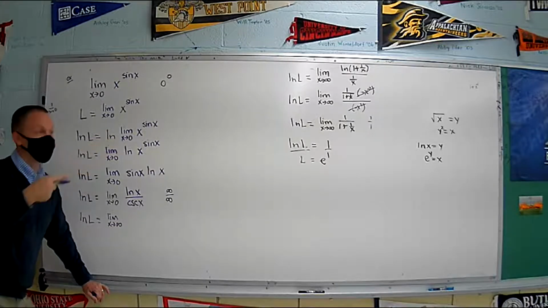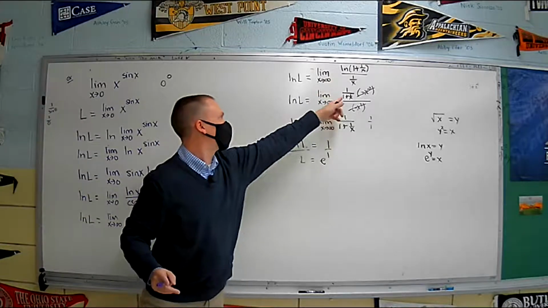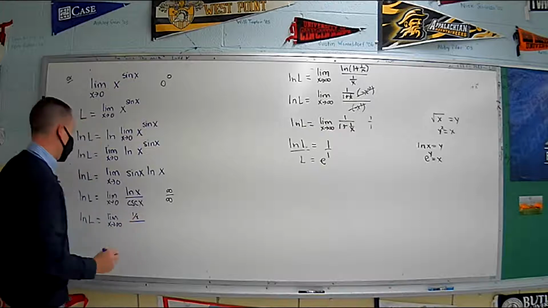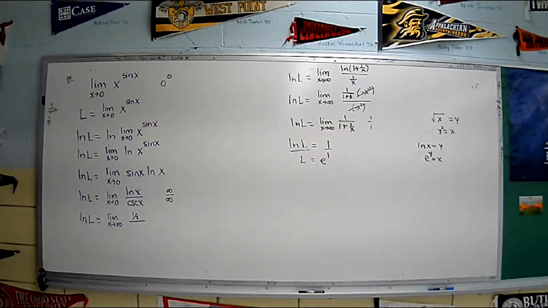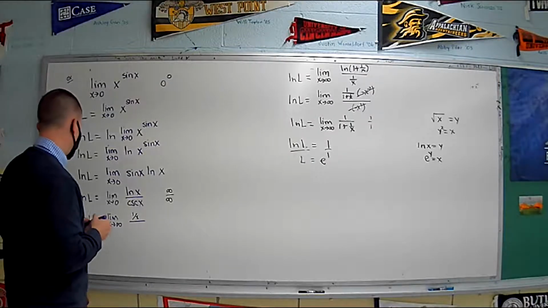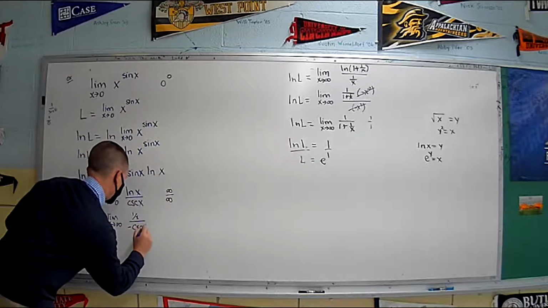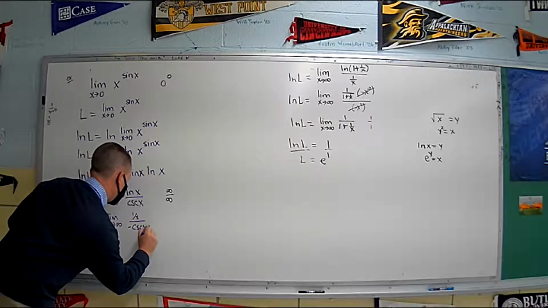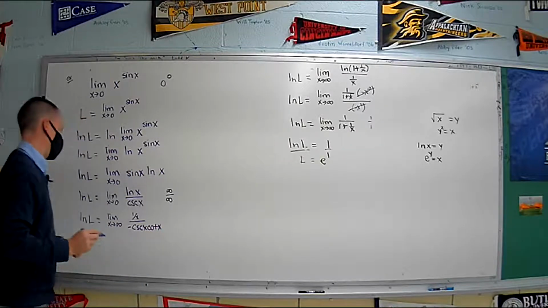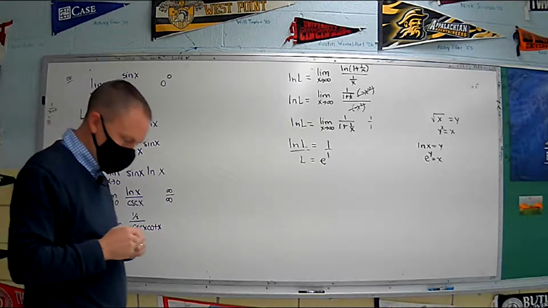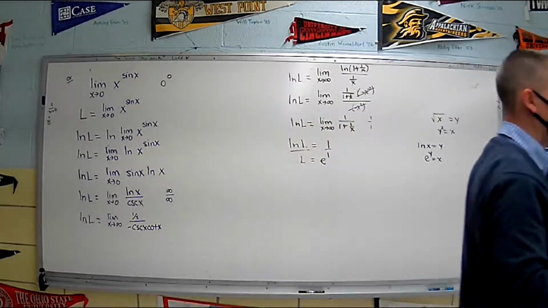So that's 1 over x. And then what is the derivative of cosecant of x? Is it negative cosecant squared? No, not squared. It's negative cosecant of x cotangent of x. Okay?